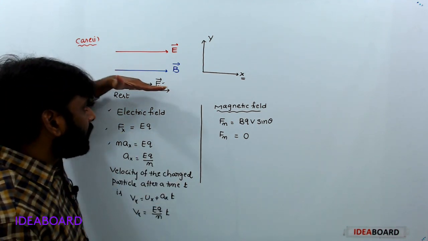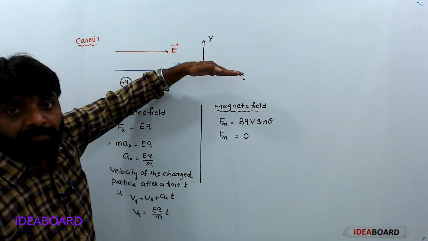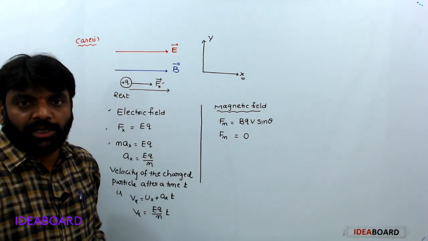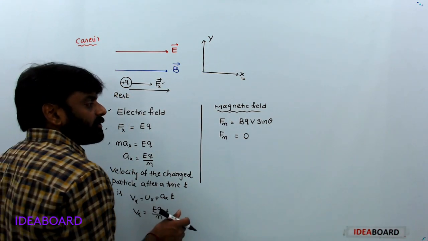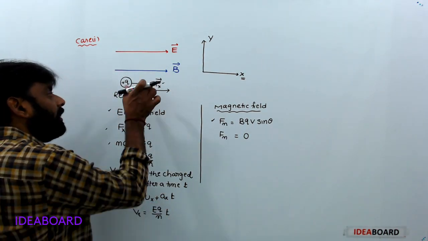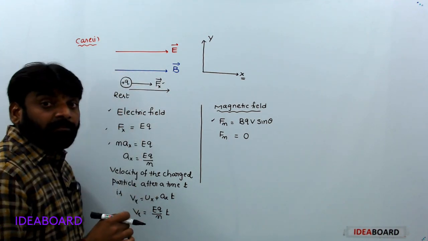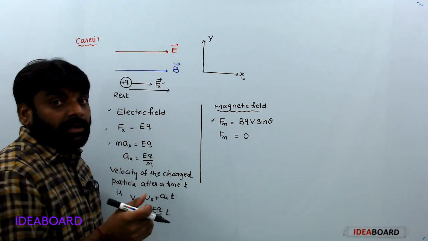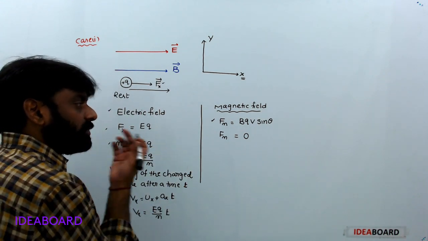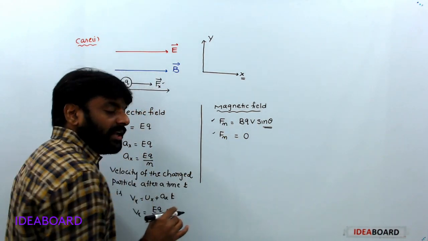Because the velocity is parallel to the electric field, which means it is parallel to the magnetic field. After a certain time also, the magnetic influence is zero because the charged particle's path is a straight line along the electric field, and the magnetic field is also along the electric field. That's why theta is equal to 0, sin 0 is 0, so the magnetic influence is 0.